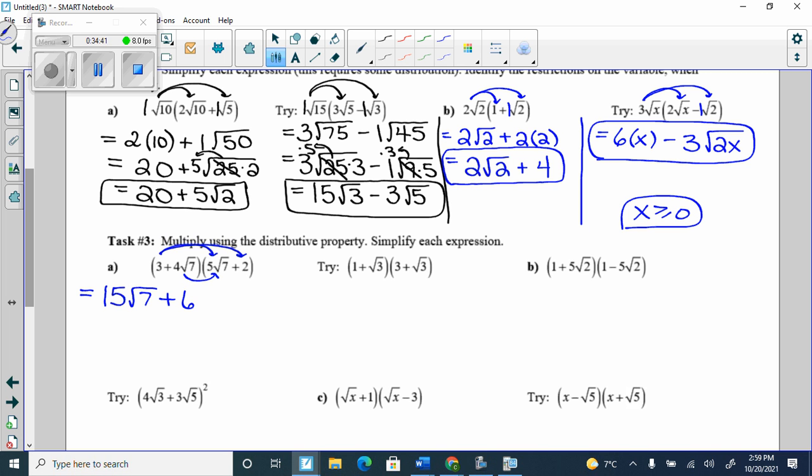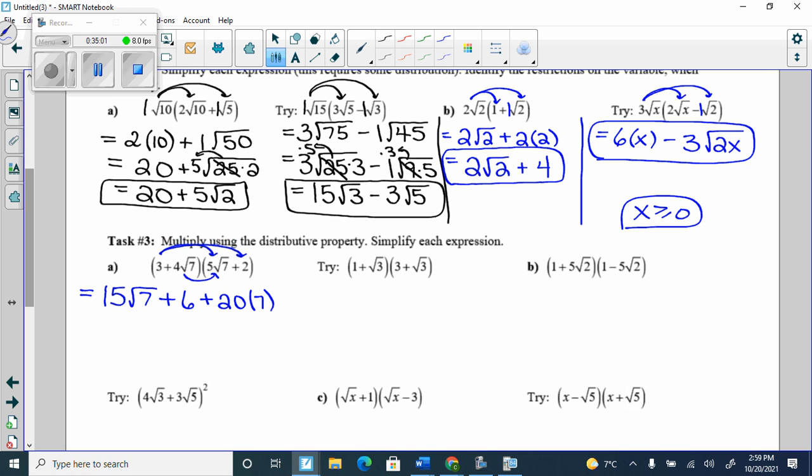4 times 5 is 20. Root 7 times root 7 turns into 7 in brackets. Root 7 times root 7 is 7 in brackets.